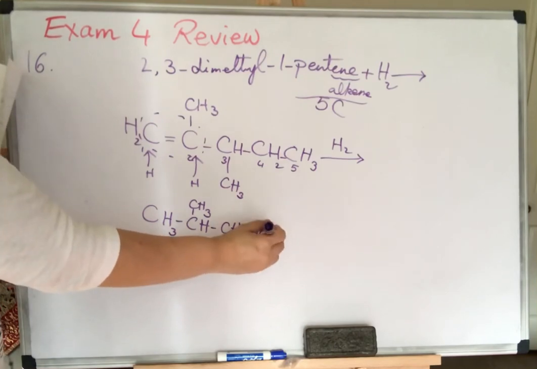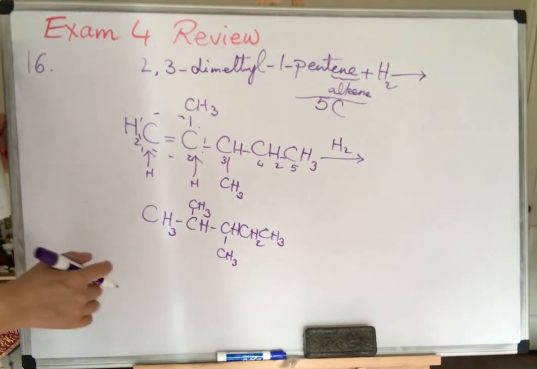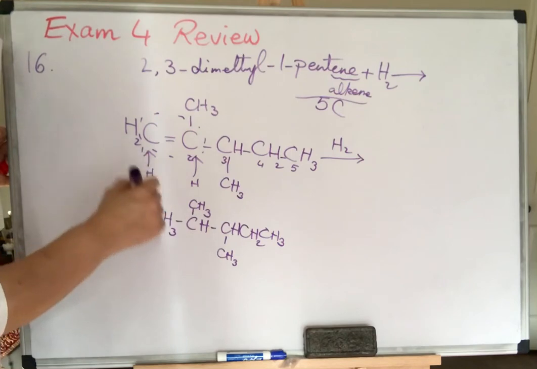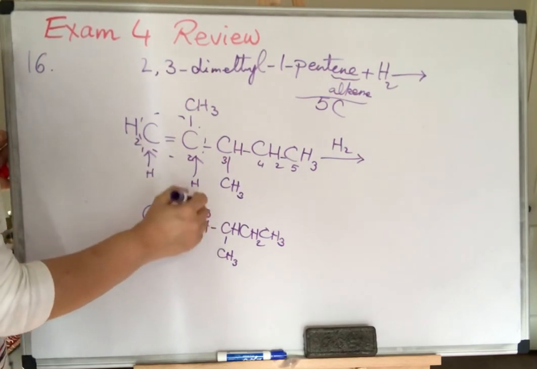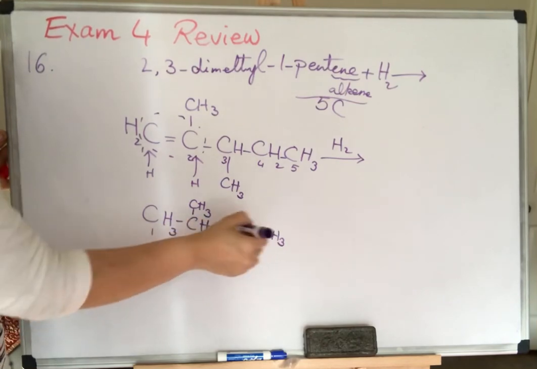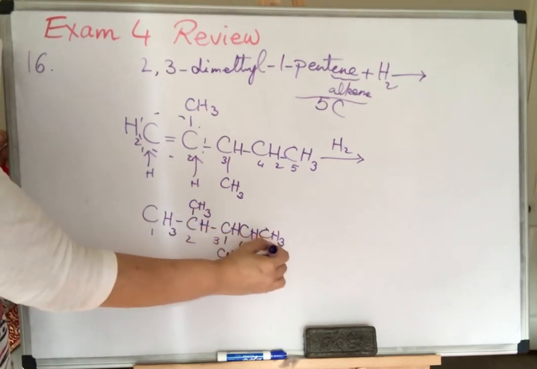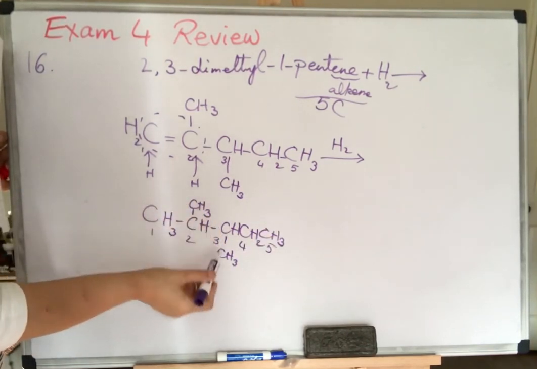And now let's name the compound, since only the name of the compound is given to you. We number from the side closer to the first branch. From left to right, methyl is on the 2nd carbon. From right to left, methyl is on the 3rd carbon. So you number from left to right. So let's name the number and then name the branches.